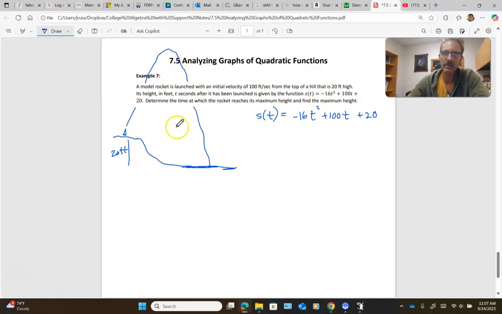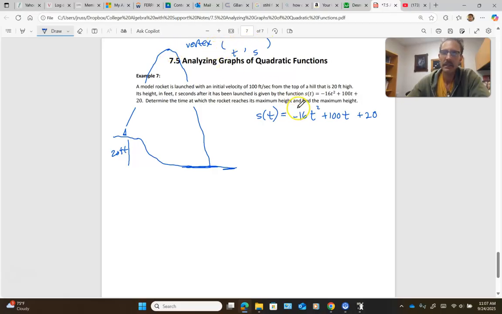And all this boils down to is finding the vertex, because the vertex, or this point up here, the x-coordinate will represent how long it takes to reach that maximum point. And then s, or y in this case, will represent the actual maximum height.